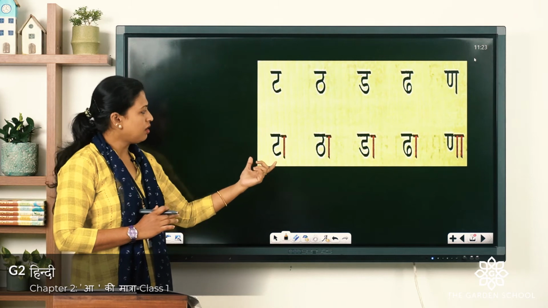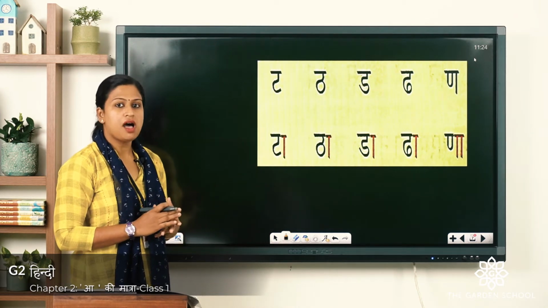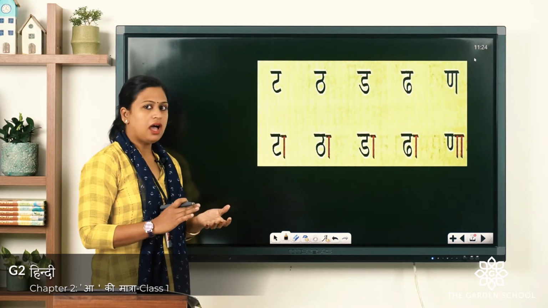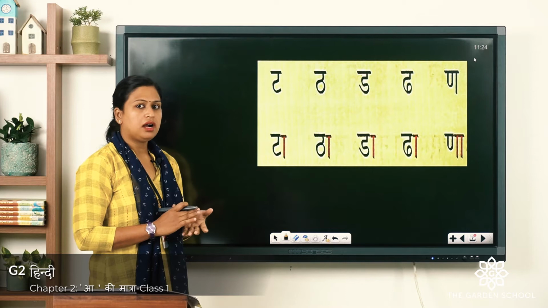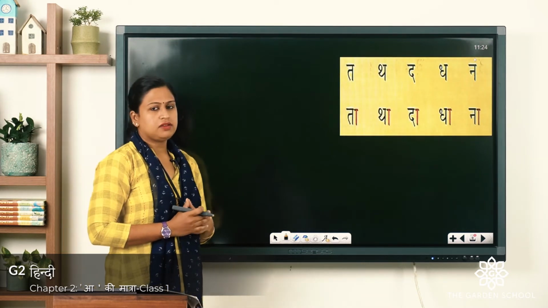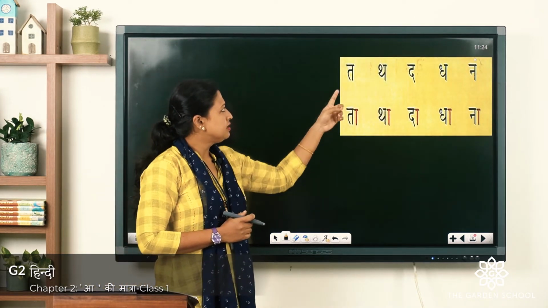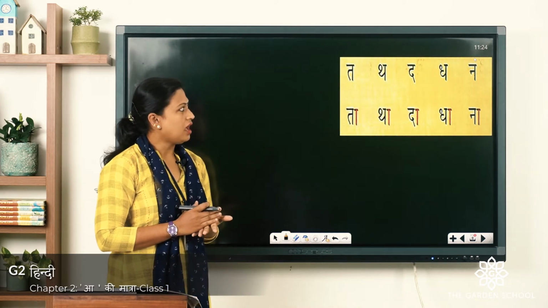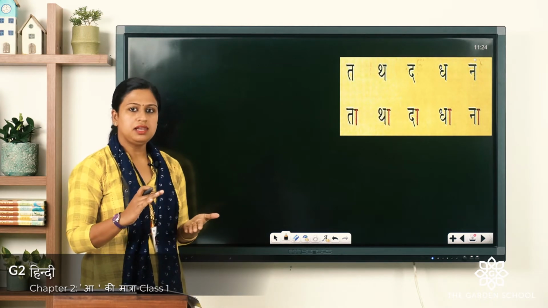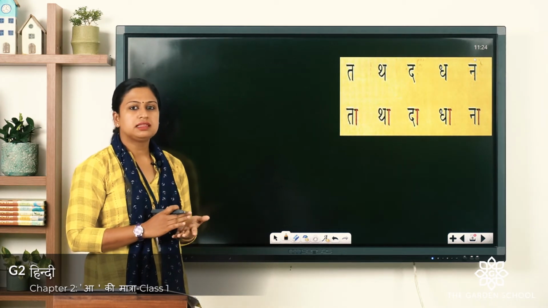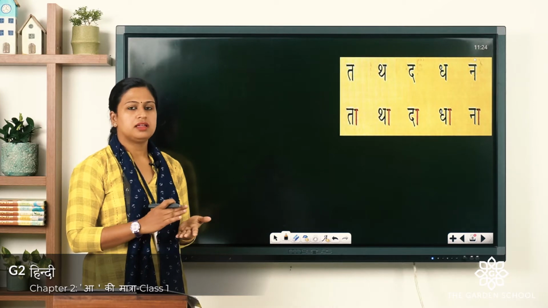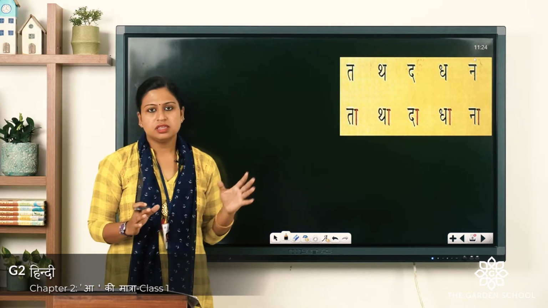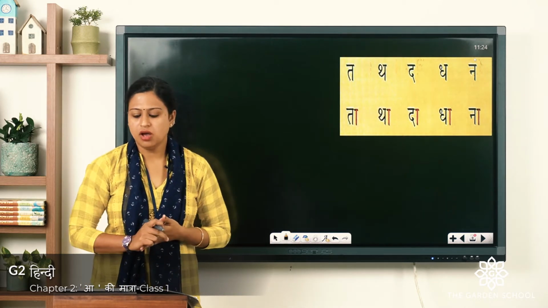Now let's see how it sounds when we use the Aa symbol. Taa, thaa, daa, dhaa, naa. Next set of consonants, ta, tha, da, dha, na, and it sounds taa, thaa, daa, dhaa, naa. So these consonants are all given in your textbook.